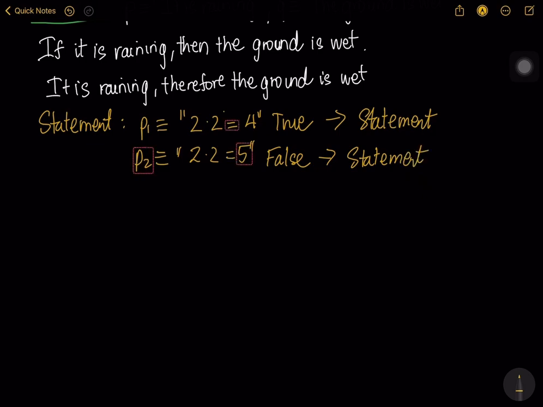Okay? Can you think of something that we can neither tell is true nor false? Okay, let's say P3 is pizza is bad.